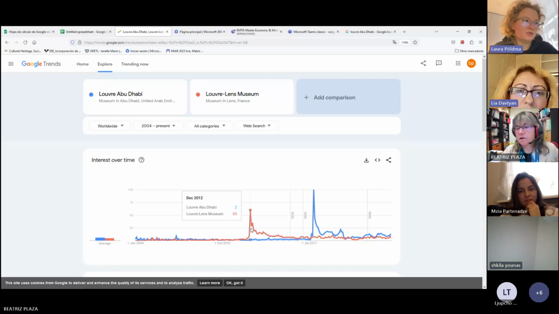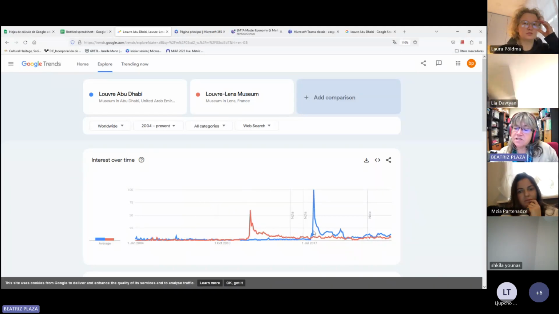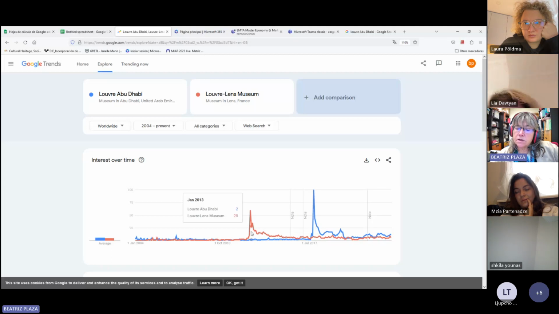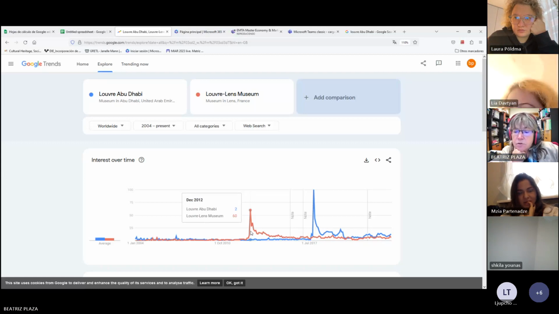Louvre Abu Dhabi did better at the inauguration, okay? You can see that the maximum is 100 here, this is normalized data. So during the inauguration in November 2017, Louvre Abu Dhabi was equal to 100, the maximum, whereas the maximum in the case of Louvre Lens was 16. How much less in percentage figures?